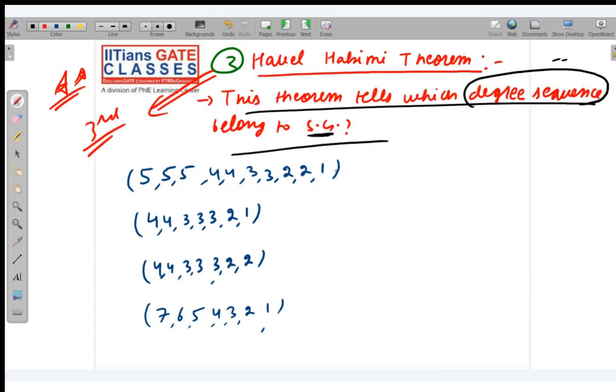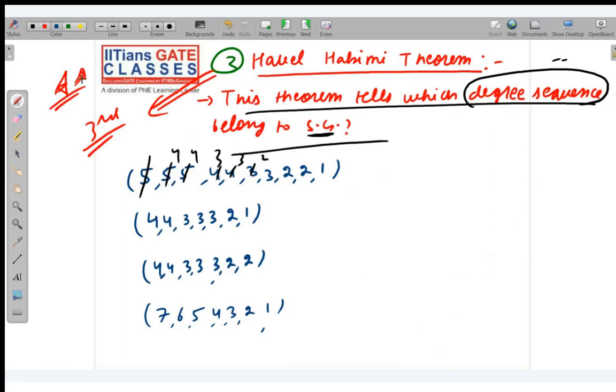So the basic idea is, here we will have 5. I will cut this 5 and I will subtract 1 from each of the next five. Okay, so it will become 4, 4, 3 and 3 and 2. So 1 you will subtract from 5: 1, 2, 3, 4 and 5. Okay, yes. So next I am having 4. So what should I do?